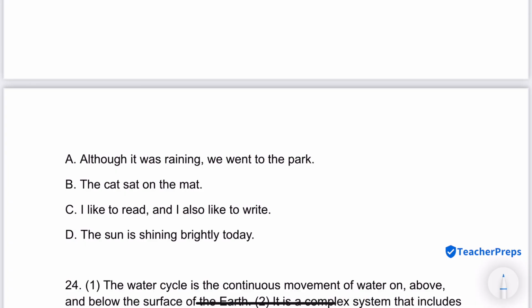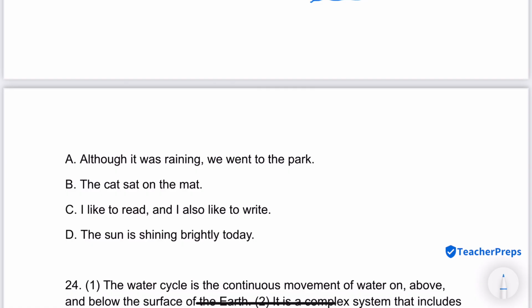Which of the following is an example of a complex sentence? You have to be able to identify sentence structures on your exam, and what they're asking, a complex sentence has one independent clause and at least one dependent clause.